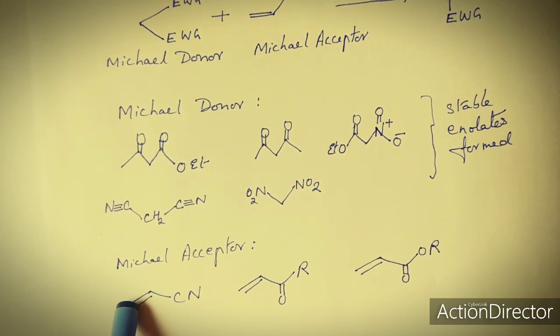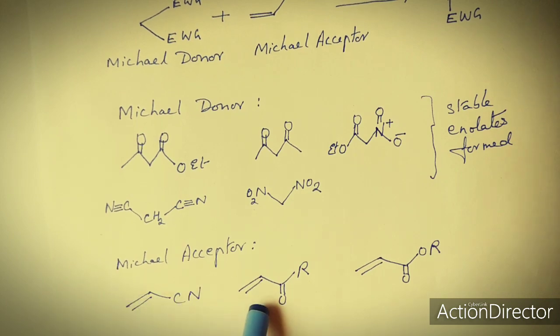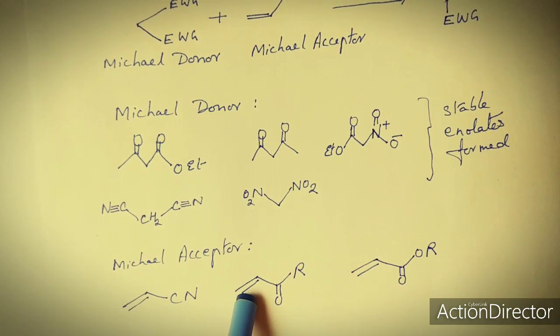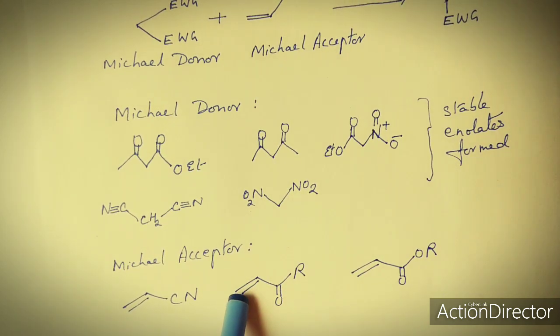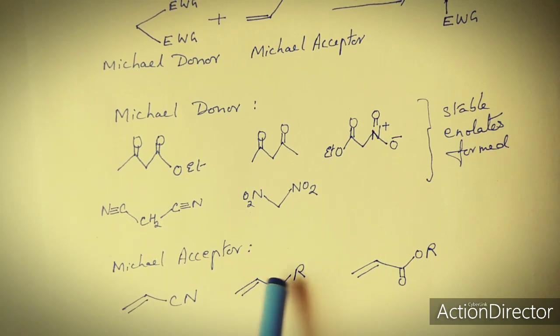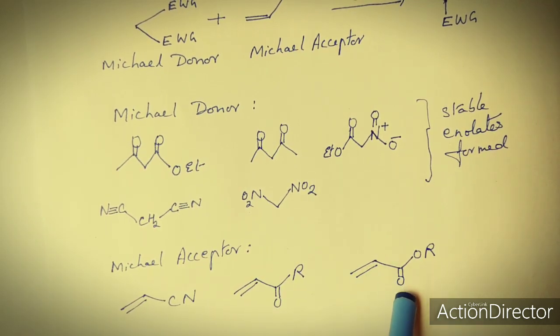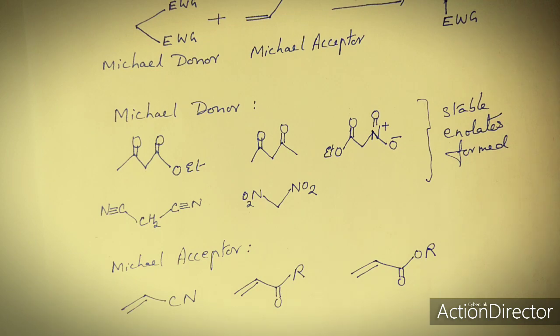That is a Michael acceptor, to accept the electrons. Now again, this is a Michael acceptor, because this will draw the electrons towards itself. So this double bond will move here and this carbon will become positively charged. Similarly, the ester COR is again a Michael acceptor. So a Michael acceptor is basically alpha-beta unsaturated, attached to an electron withdrawing group.